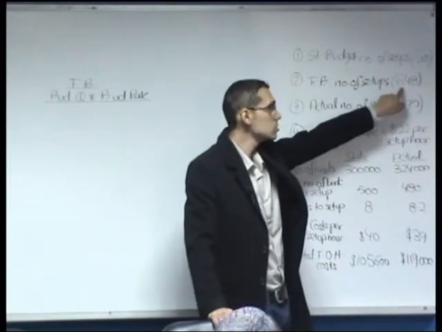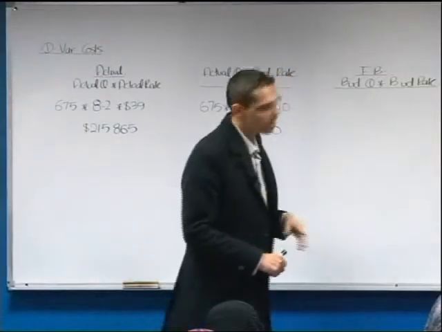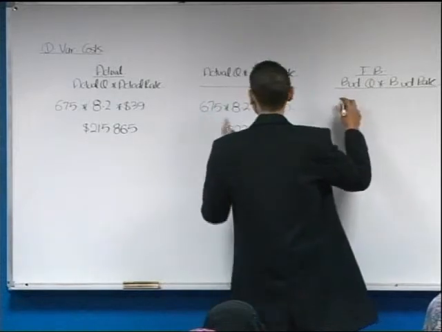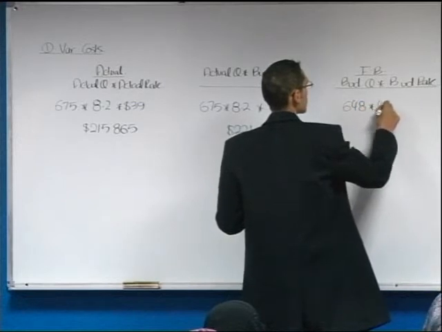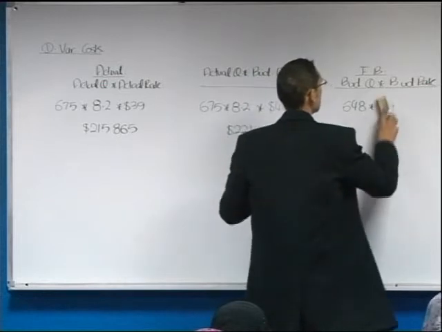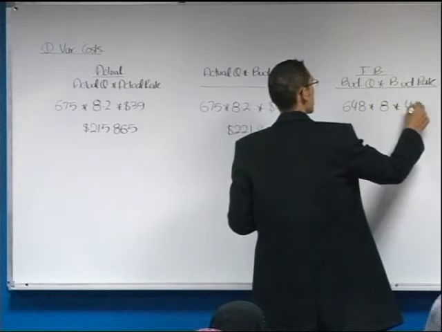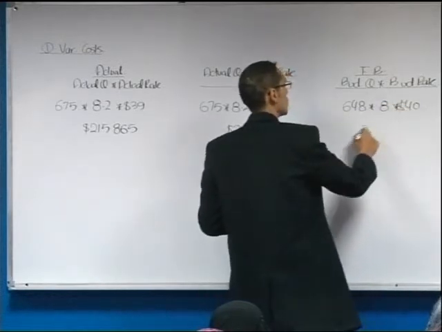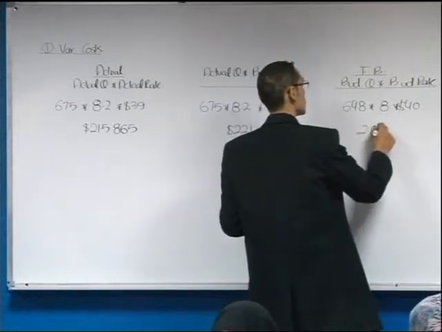Therefore, we are going to use the 648. Therefore, 8 multiplied by 648 multiplied by 40, which will equal 207,360.